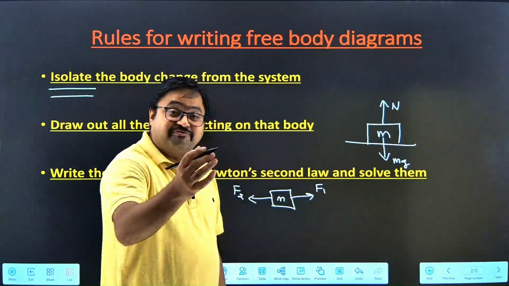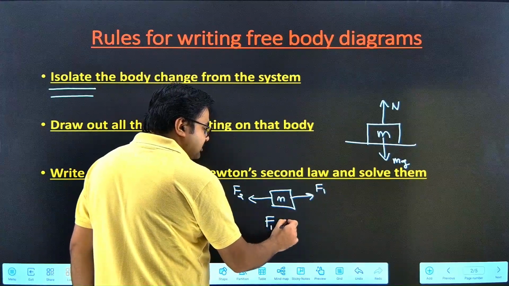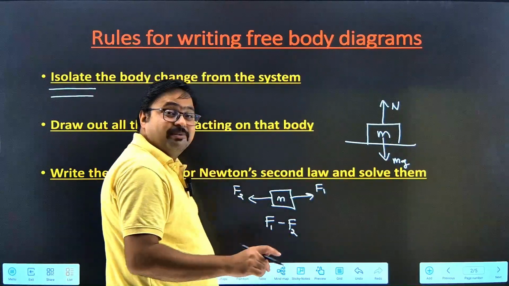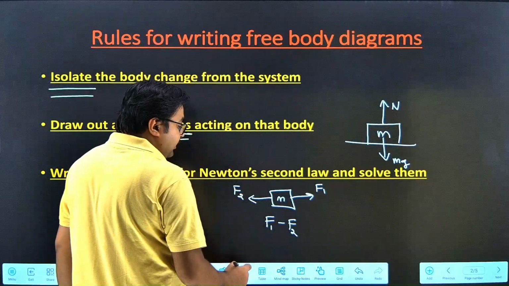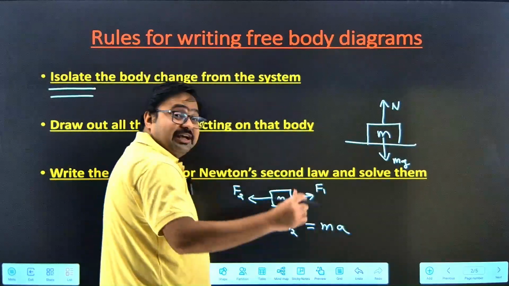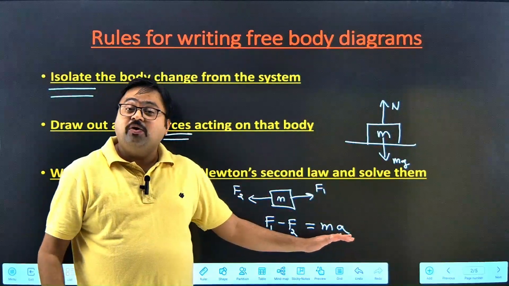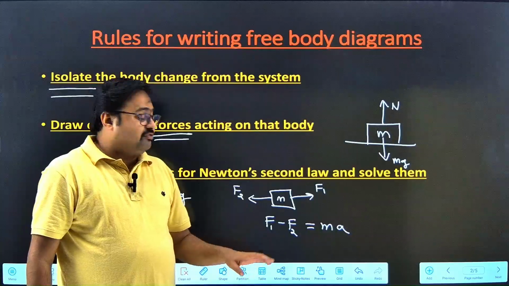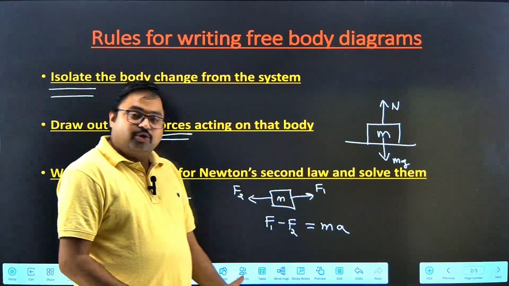But let's assume that F1 is greater than F2, then the total force acting on the system would be F1 minus F2, because they are in opposite directions. Had they been in the same direction, I would have written them as F1 plus F2. So F1 minus F2 is the net force acting on it, and this net force causes an acceleration in the mass. This is exactly Newton's second law, F equal to m times a. So this is how you would solve free body diagrams, isolating a mass and then trying to find the unknowns, right?